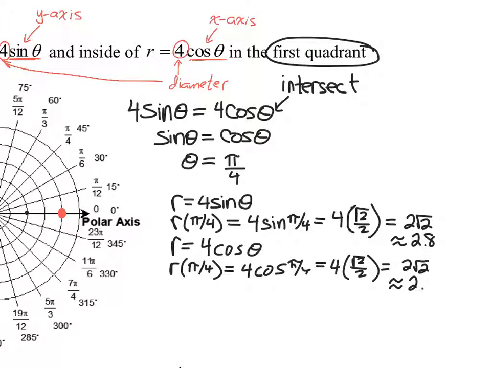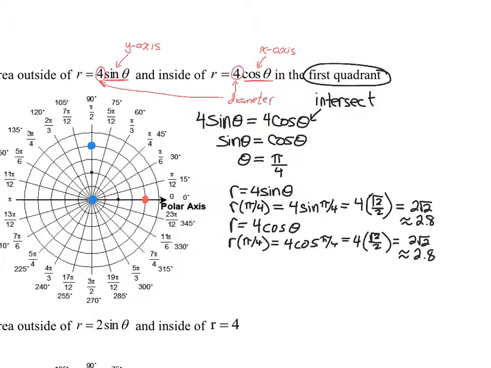Since I'm plotting it, 2.8 is good enough because I'm not going to be able to distinguish between 2.8 and 2.82, blah, blah, blah. So we'll plot. At the 45-degree mark, I'm going to go out almost 3 units. I guess that's fine. Yeah, I'll just live with it.